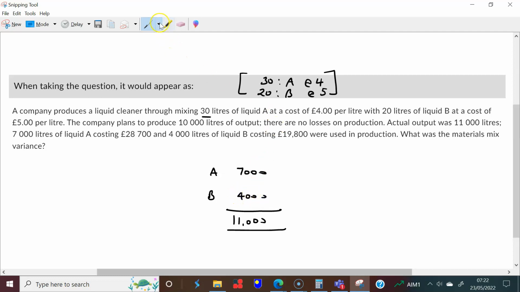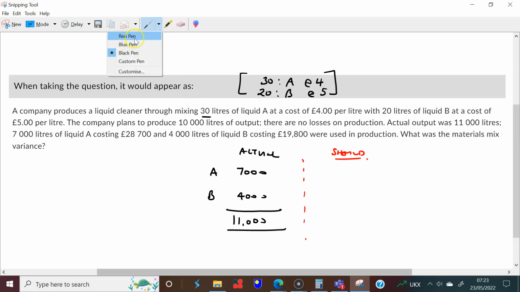The issue here is what this mix should have been. This is what it should have been, and this is what it actually was. That's what we're interested in.